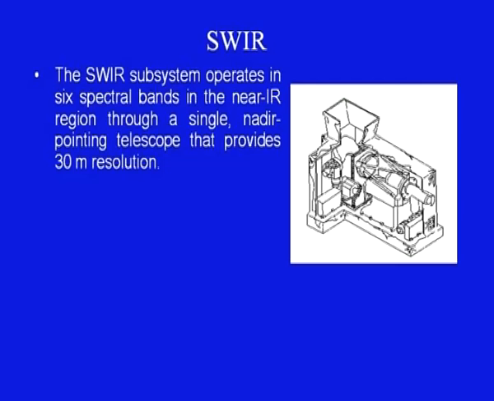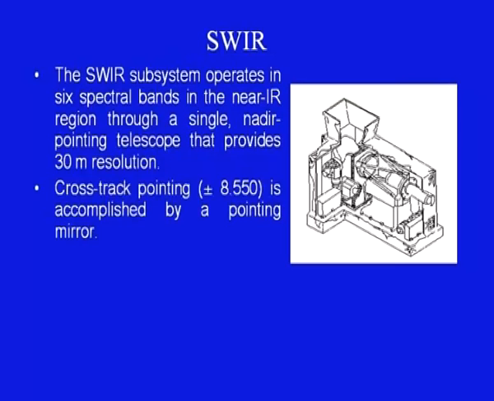The next subsystem is the SWIR. The SWIR subsystem operates in 6 spectral bands in the near infrared region through a single nadir pointing telescope that provides 30-meter resolution. The cross track pointing, that is plus minus 8.55 degrees, is accomplished by a pointing mirror.